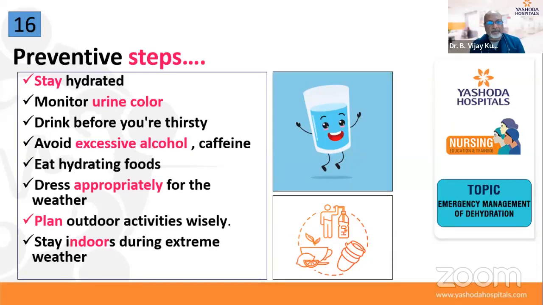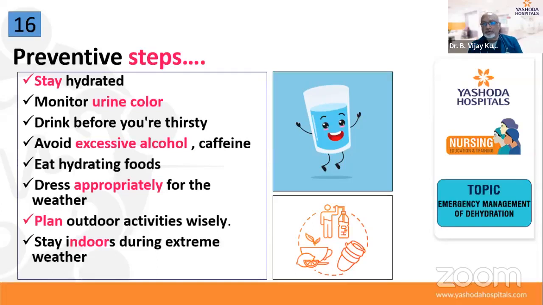As they have mentioned, stay hydrated, having frequent sips of liquids. Water is the most important thing. You can probably have coconut water, fruit juices, but avoid carbonated drinks, caffeine and tea, which will lead to more dehydration later. Especially in summers, avoiding going out between 12 and 4 is very important.